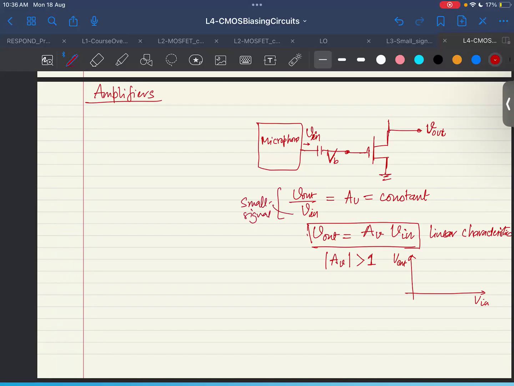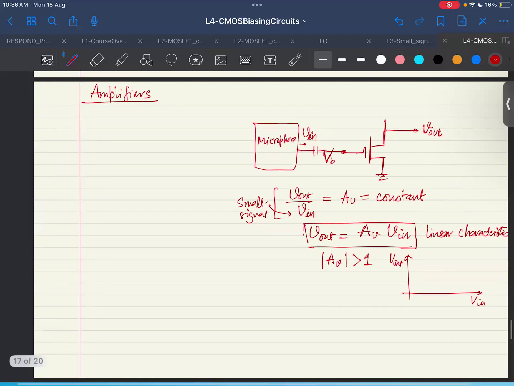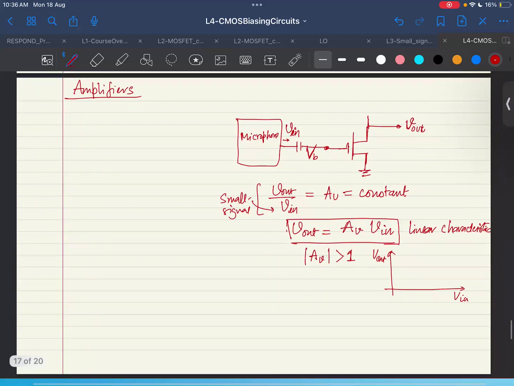What is that V out by V in? How do we obtain this? So for a basic MOSFET circuit, if you remember, what could be the ideal load which we can consider here? What would be the load which would give you the intrinsic gain? If you remember, we consider a load of a current source, right?